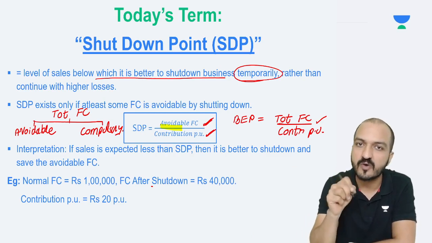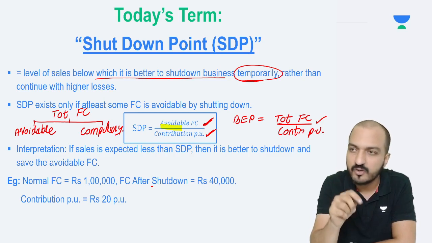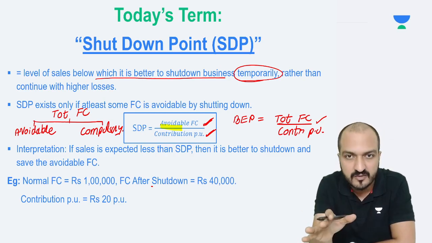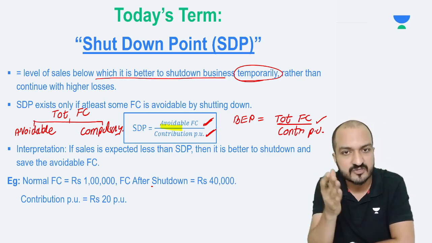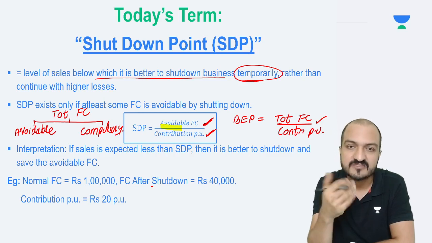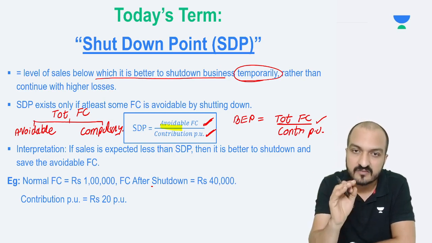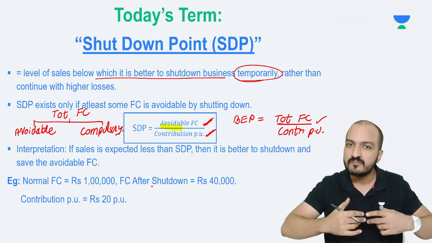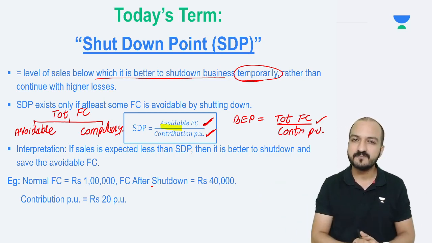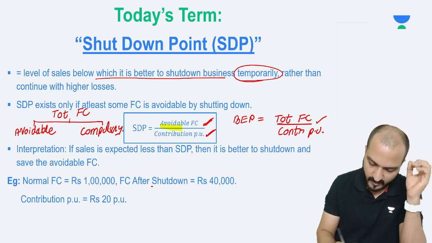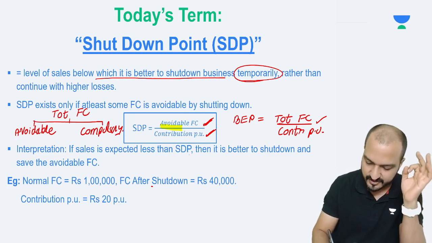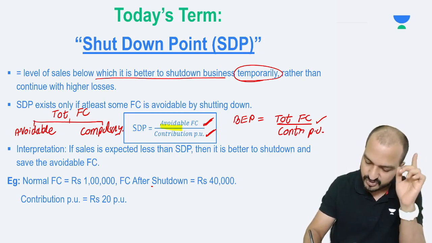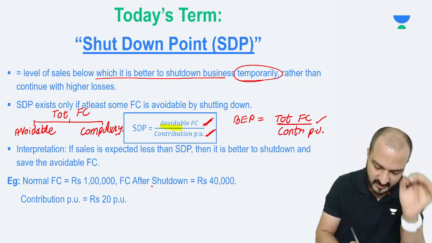This many units is what I need. If you are able to get this many units, then you continue. If you are not able to reach this many units, then it is better to shut down and therefore avoid that avoidable fixed cost. If your sales is expected less than shutdown point, then it is better to shut down and save that avoidable fixed cost.